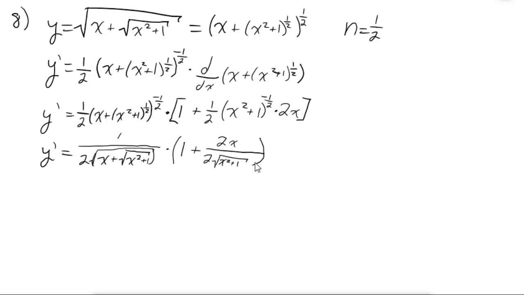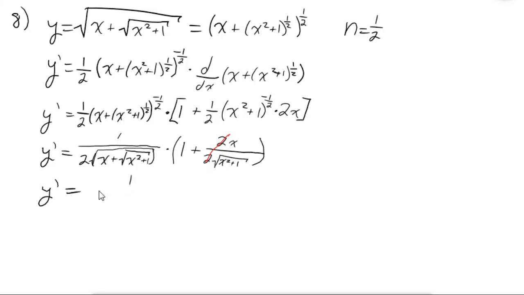I've got 2 on the top, 2 on the bottom, so I can do a quick cancellation there. So I will cancel out my 2's. So I could rationalize the denominator of the second term, but no, we're going to leave it there because that's perfectly acceptable.